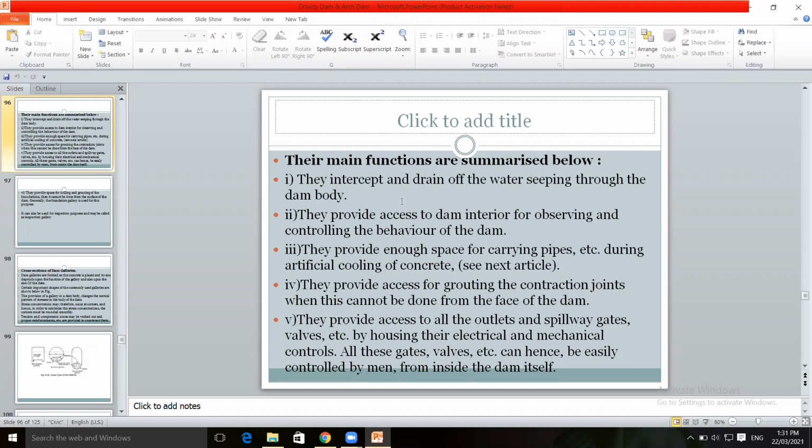These galleries provide access by housing the electrical and mechanical controls of all these gates, valves, etc., which can hence be easily controlled by men from inside the dam. Expert persons observe the behavior of the dam and all the gates and valves provided in the dam structure.